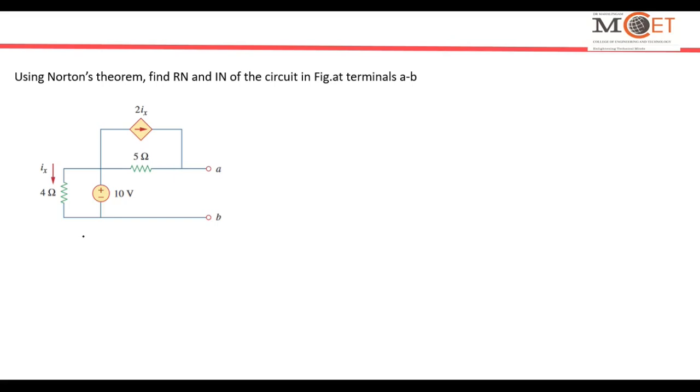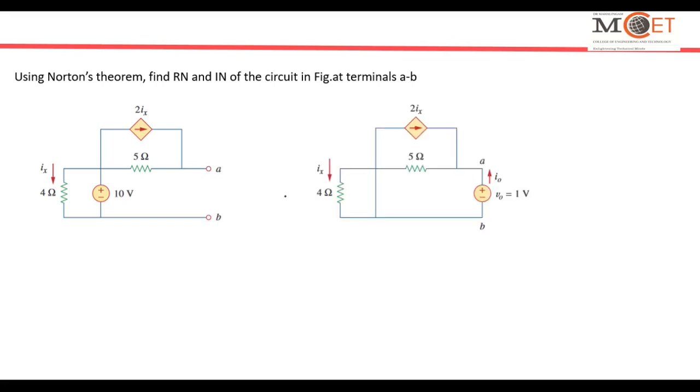So first step again, Rn I want to calculate. Since it is a dependent source, to calculate Rn, I inject a voltage of 1 volt across these terminals, as shown in the figure, and I calculate this I naught.